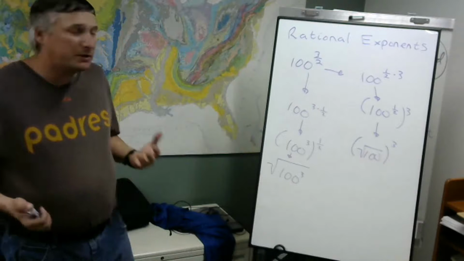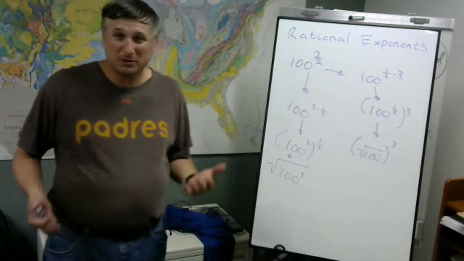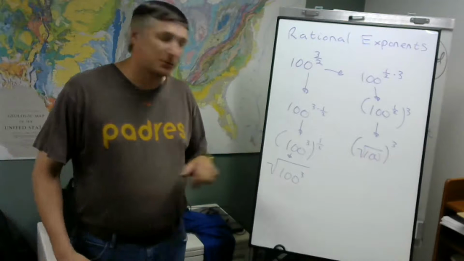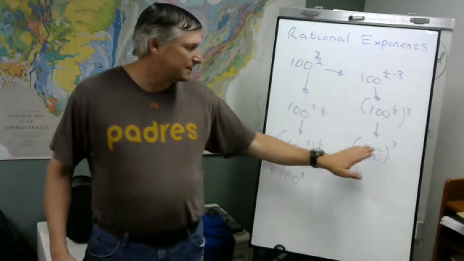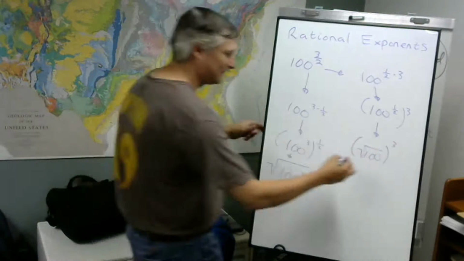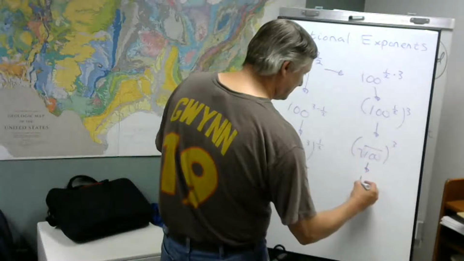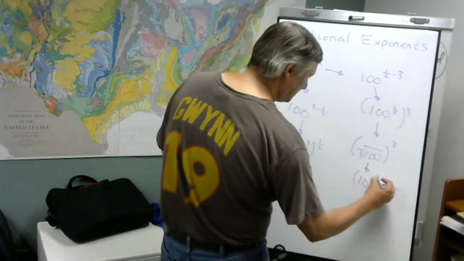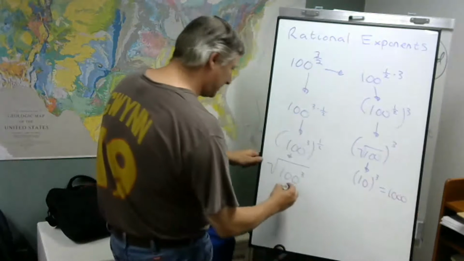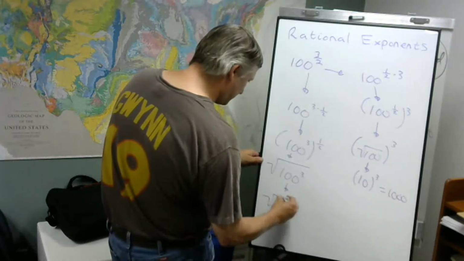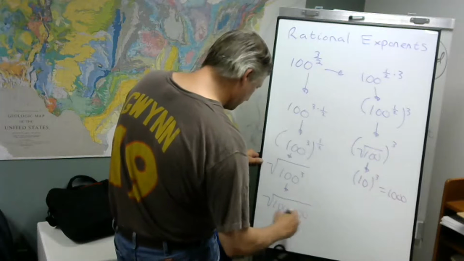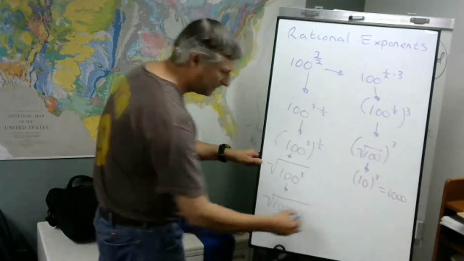So which one do you go with? Well, which one's going to be easiest? Is it easier to cube 100 and take the square root, or is it easier to take the square root of 100 and cube it? So here we'll get 10 cubed, or 1,000. Here, we're going to get the square root of 1,000,000.